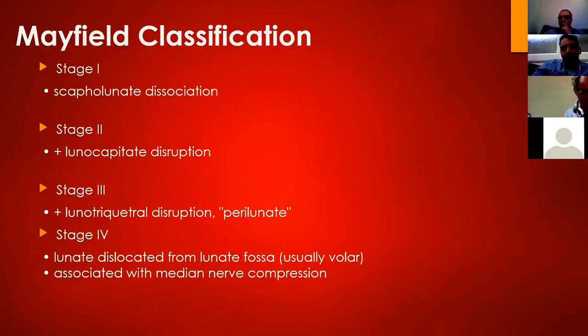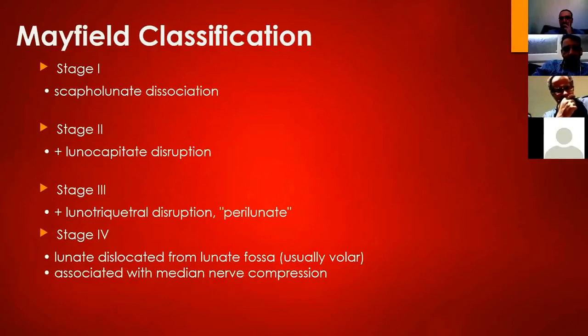Stage 3 is scapholunate dissociation plus lunocapitate disruption plus lunotriquetral disruption, which is described as perilunate dislocation. And stage 4, where the lunate is completely dislocated from the lunate fossa, usually on the volar side. Stage 4 is usually associated with median nerve compression.